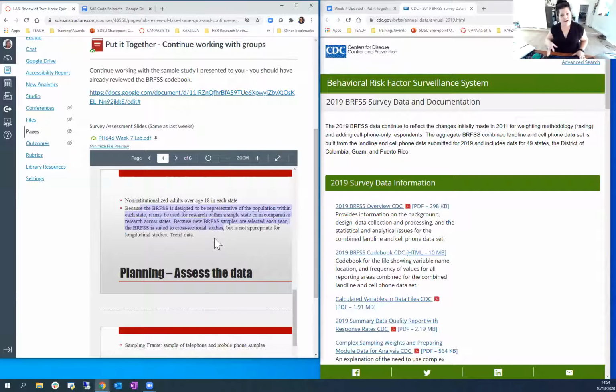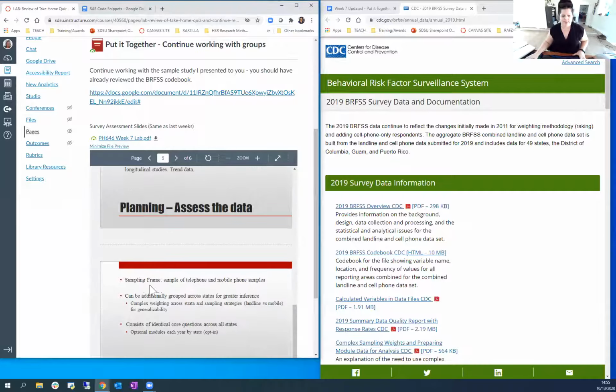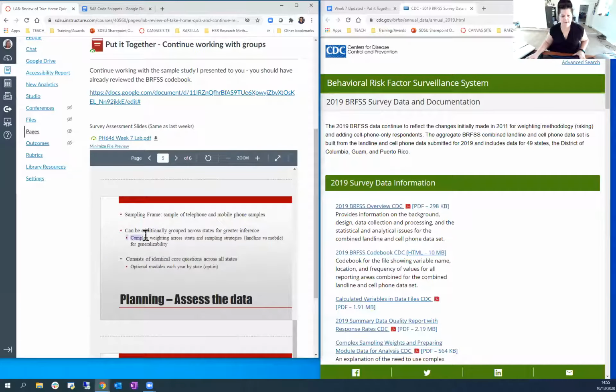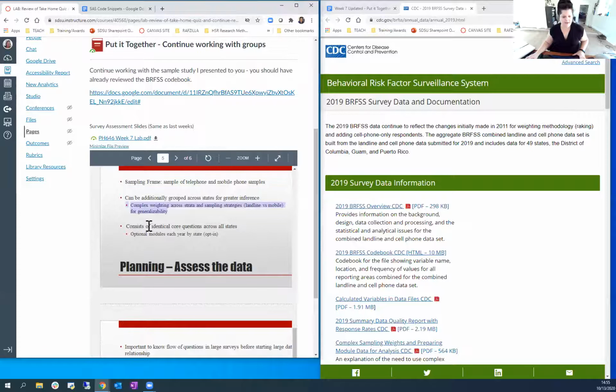So it's not a longitudinal cohort, think of it more like trends. You can assess trends, but you can't really assess longitudinal change because it may not always be the same population. And then they can be grouped across states. We already talked about that. And then remember the identical core questions.